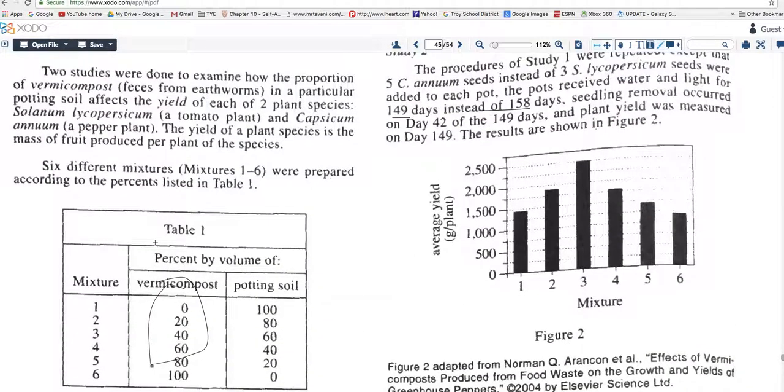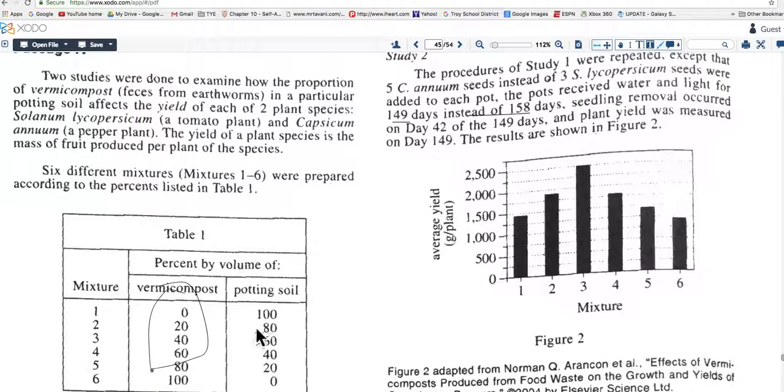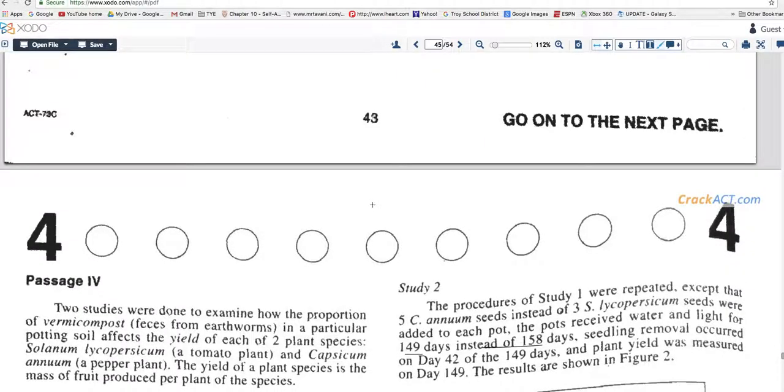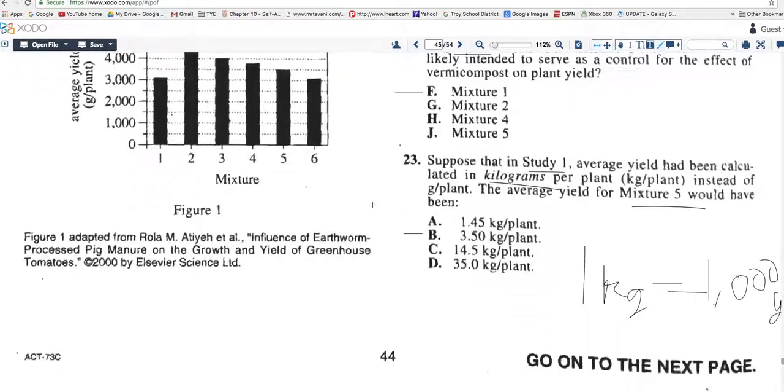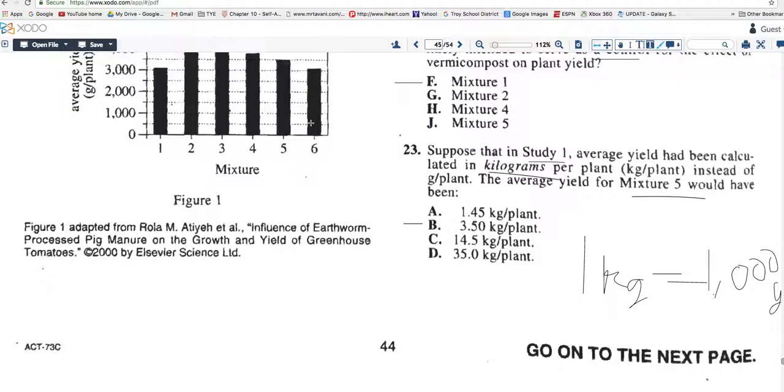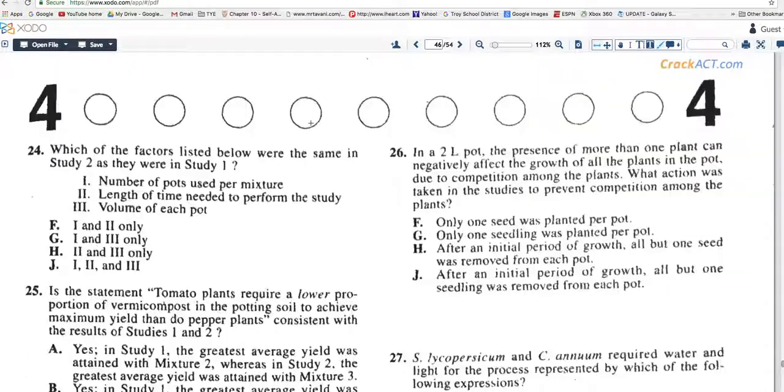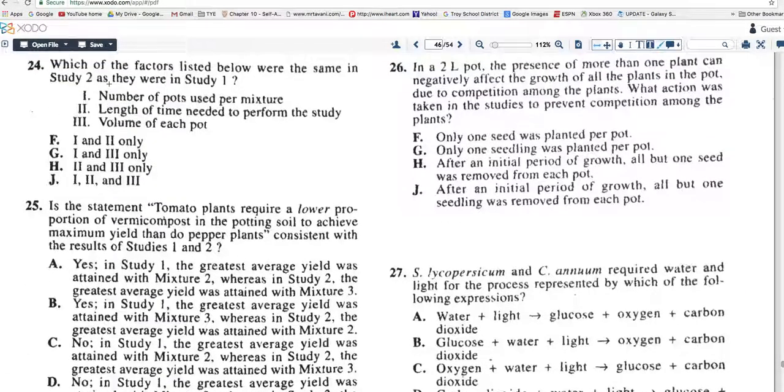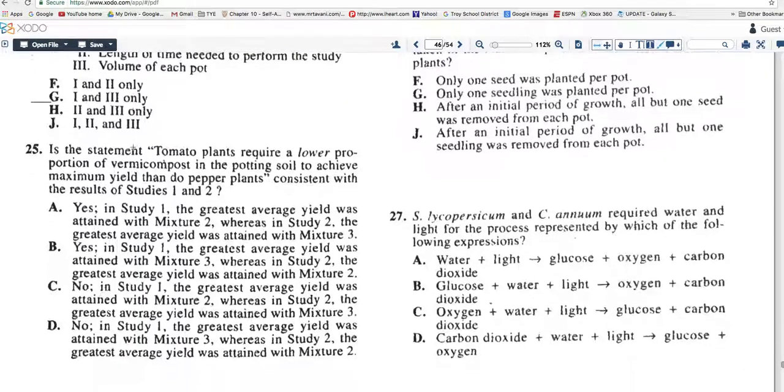In reality, these two experiments cannot be compared. This is not a valid experiment because we're changing two variables. What we call that is a confounding variable. We don't know which one is actually causing the results of the experiment. It's either length or the seed. So which options are there? Length. Okay, so any answer choice without the number 2 is right. So it would be G. Good. All right, 25. Who wants to do it?